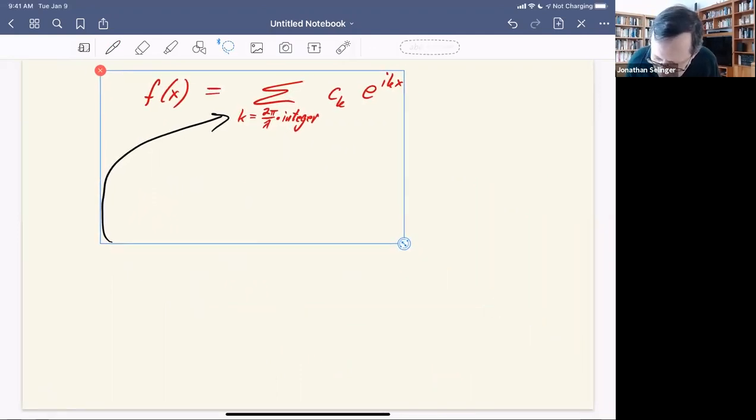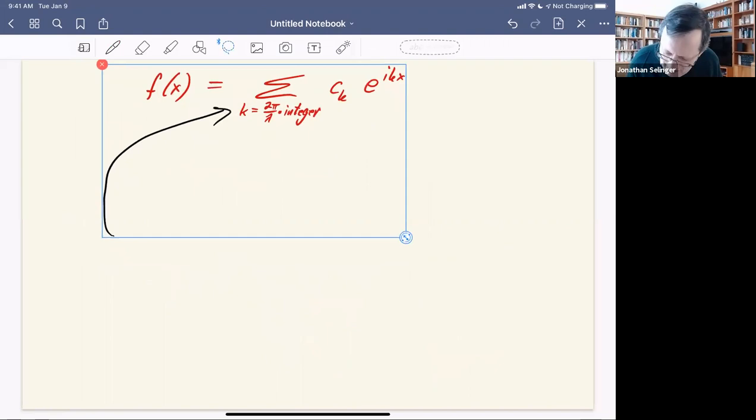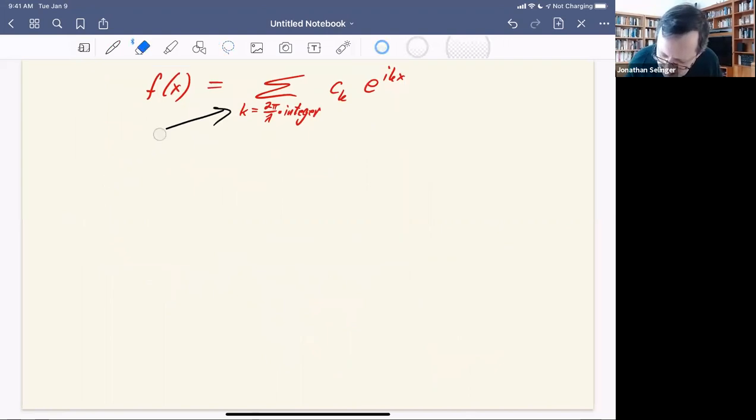I copied a little too much, so I'll get my eraser. Okay, good. So let's take this equation. I want to rewrite it in a tricky way by multiplying by 1.